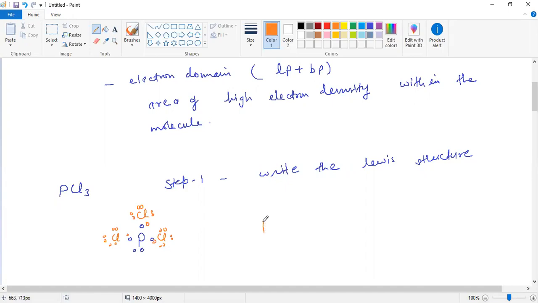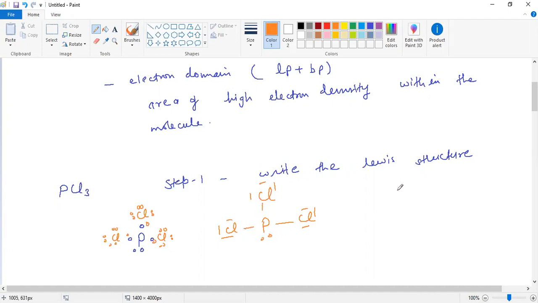So I can write the Lewis structure something like that. Each chlorine has 1 covalent bond and 3 lone pairs each, and phosphorus, which is the central atom, has 3 bonding pairs and 1 lone pair.